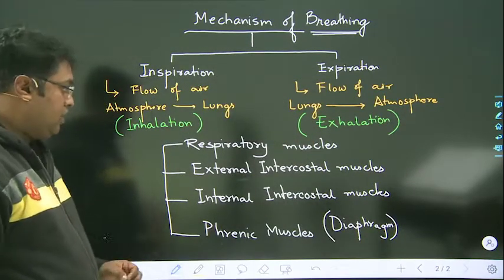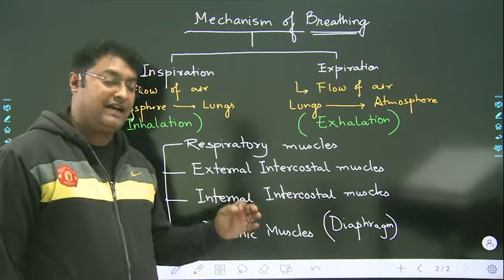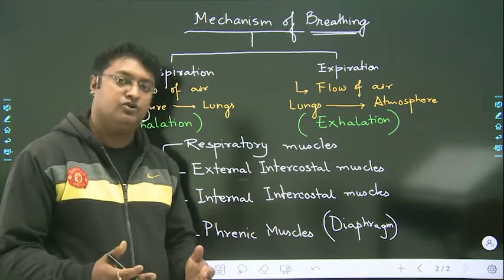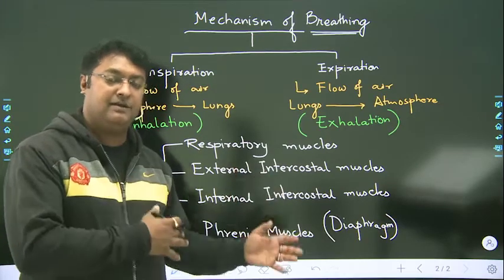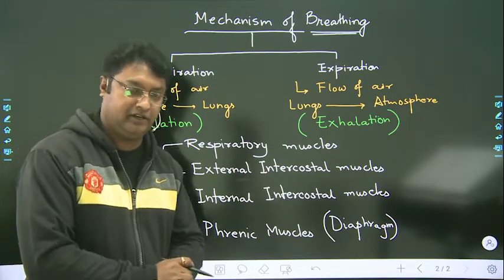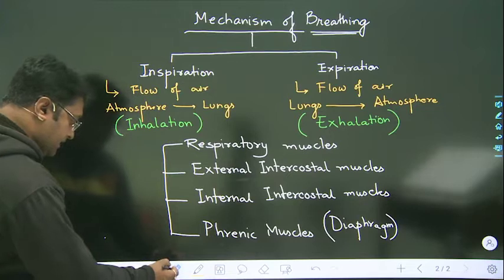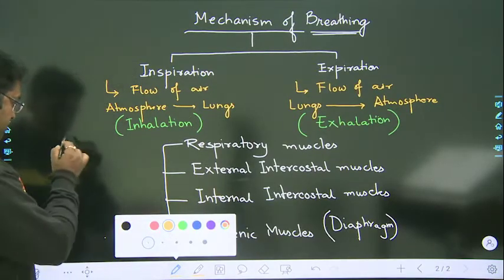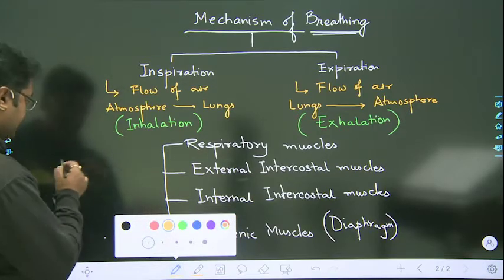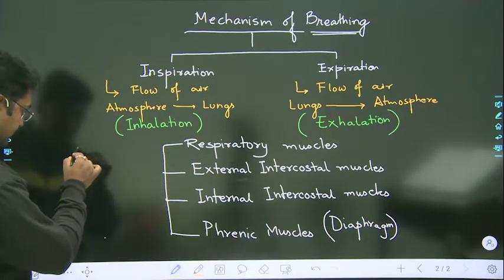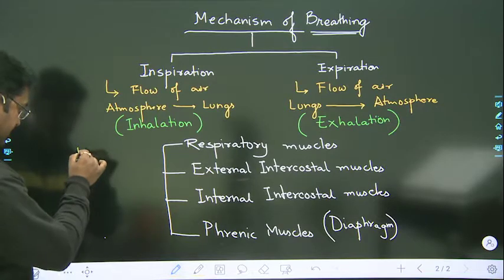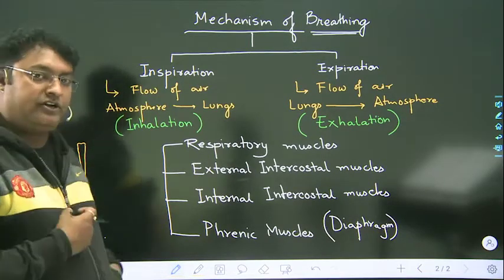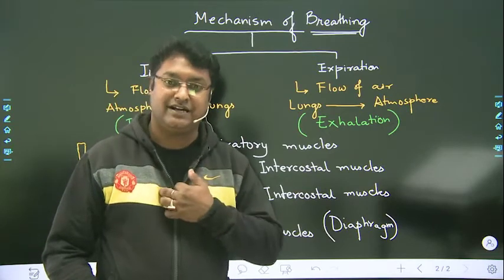Clear? Now, first of all, we have to look at where these muscles are present and how they help in the mechanism of breathing. So let's start. First of all, if we look at the structure of our cavity, if I talk about the ventral part of our body, there will be a sternum.